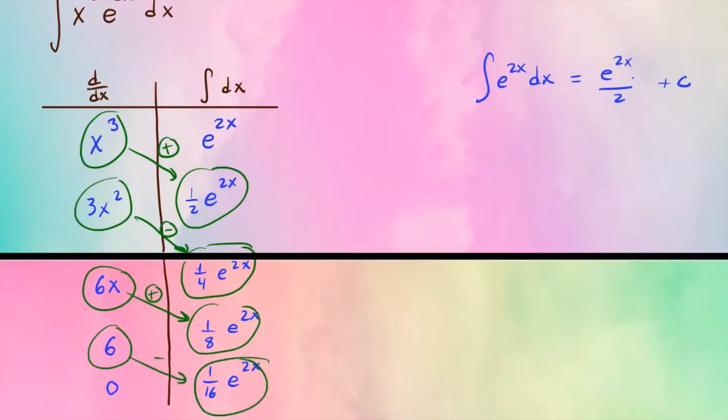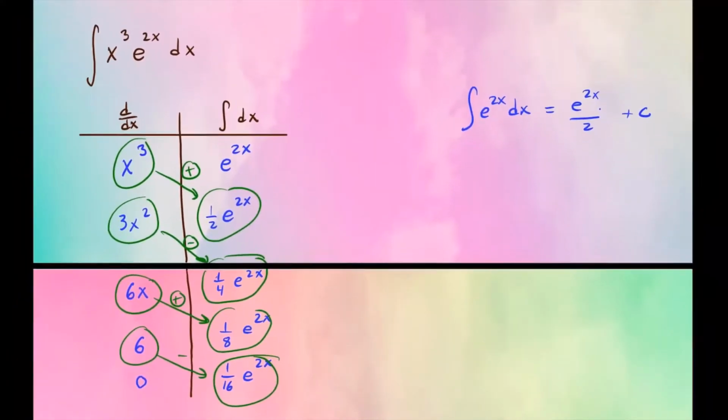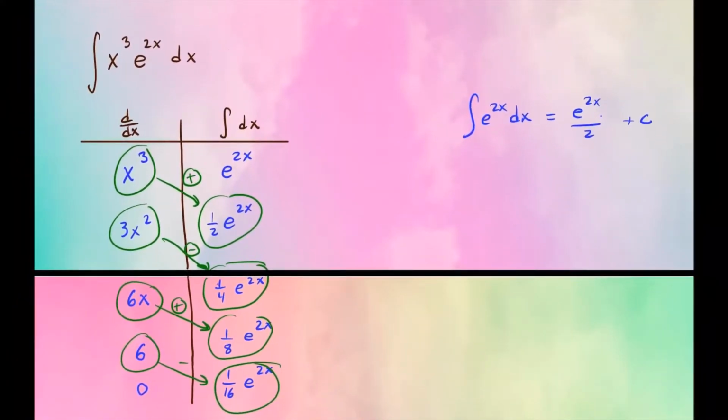All right, so let's write out the answer. Our answer to this integral is going to be the product of x cubed times 1/2 e to the 2x, positive. Let's write it this way: 1/2 x cubed e to the 2x, and then minus 3x squared times 1/4 e to the 2x, so this is 3/4 e to the 2x.